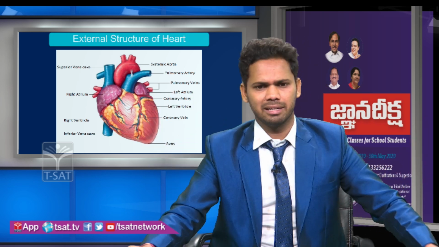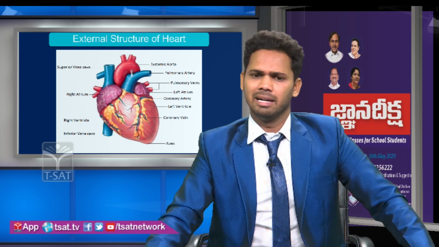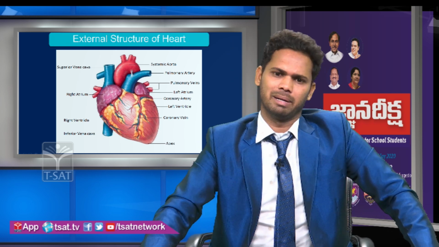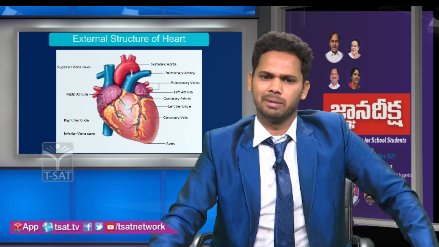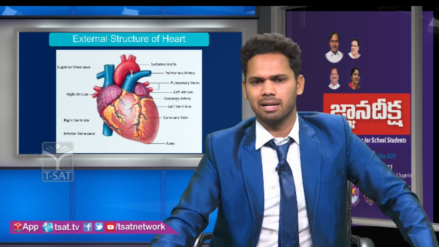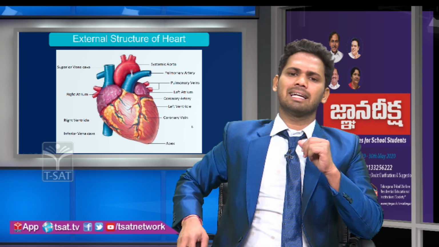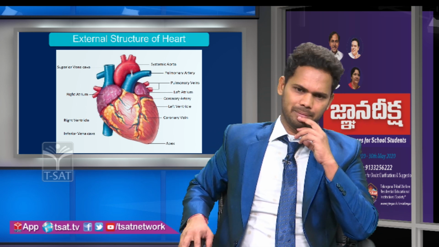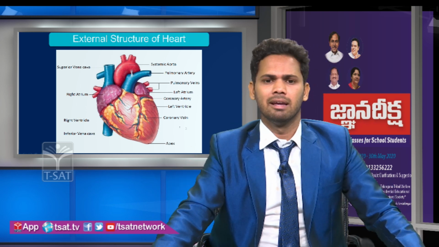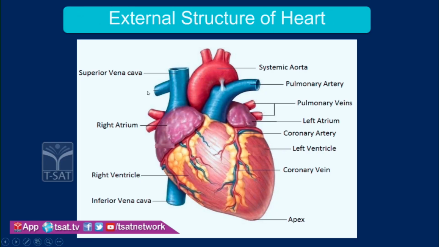Of course, it receives oxygenated blood for itself and releases deoxygenated blood, and this red one is the coronary artery. You can see the coronary artery. This is the external structure of the heart, children. Once again I am saying, blue color always indicates deoxygenated blood, red color indicates oxygenated blood. Okay, children.